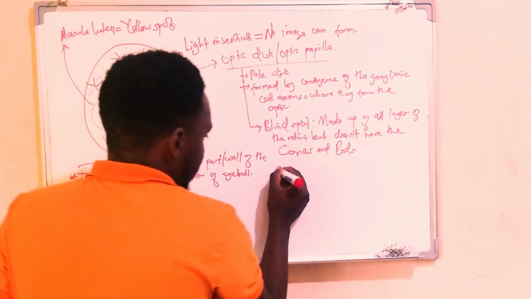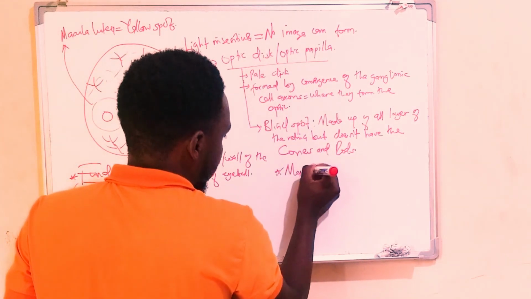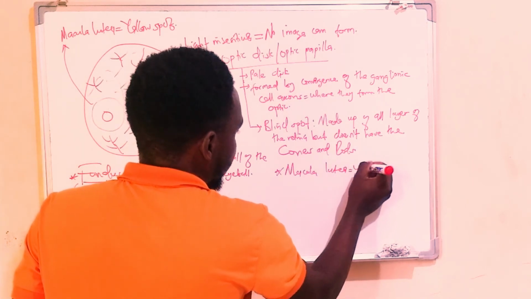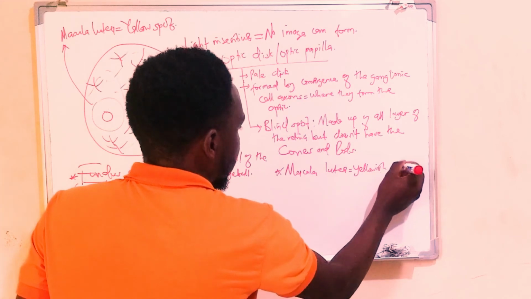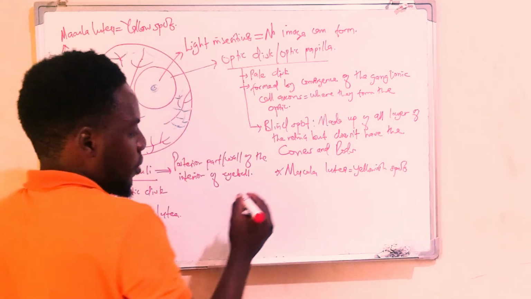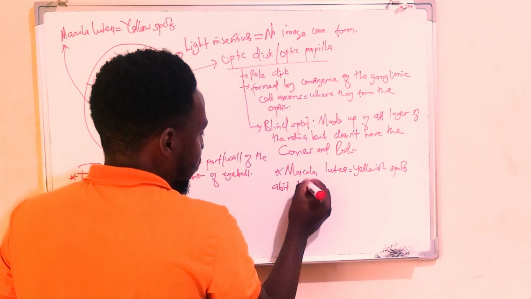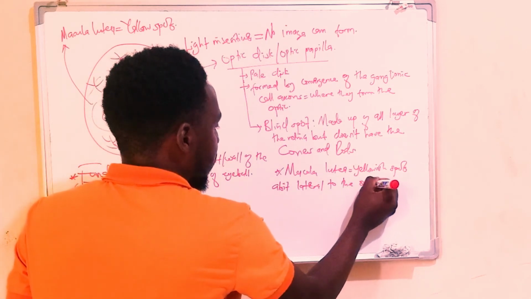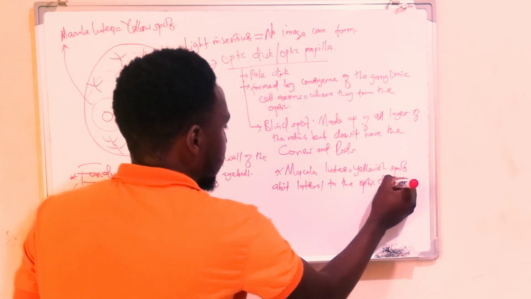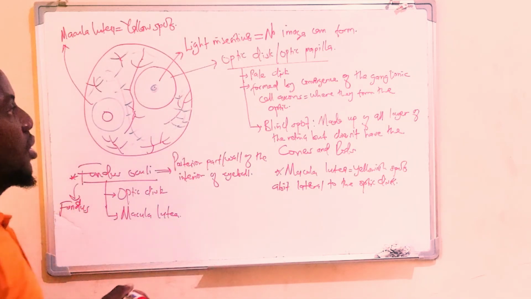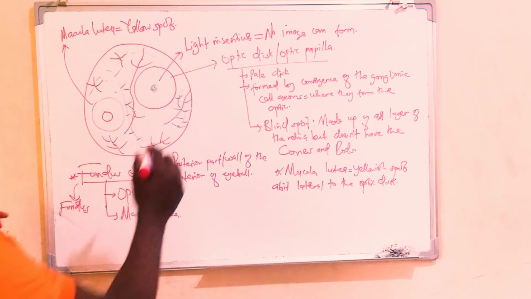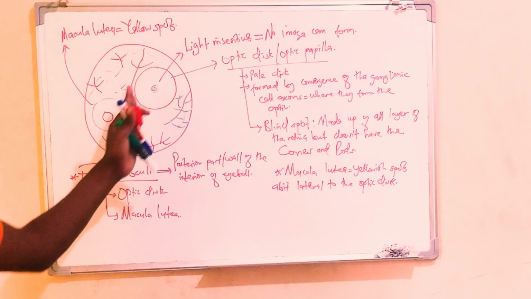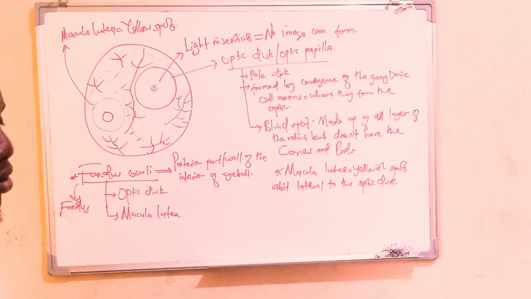So macula lutea is just a yellowish spot, a bit lateral to the optic disc. So this is my medial aspect, this one is my lateral aspect. So just a bit lateral to this optic disc, that's where you're going to find the macula lutea.